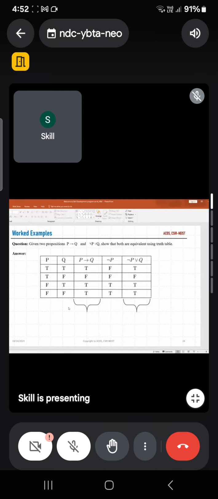This symbol I have already told you is implies: if P then Q. The other proposition is negation of P or Q. This will be represented in the truth table. We'll see how this can be represented.